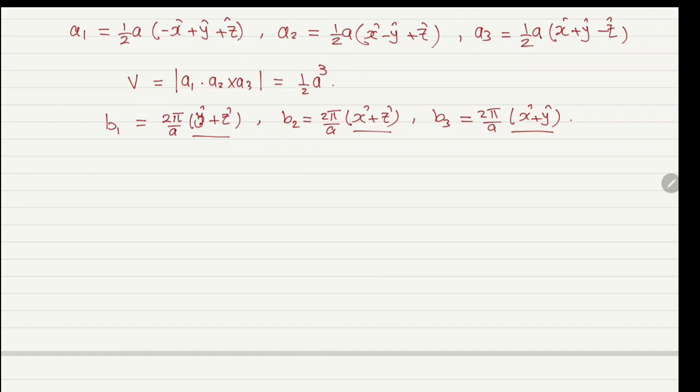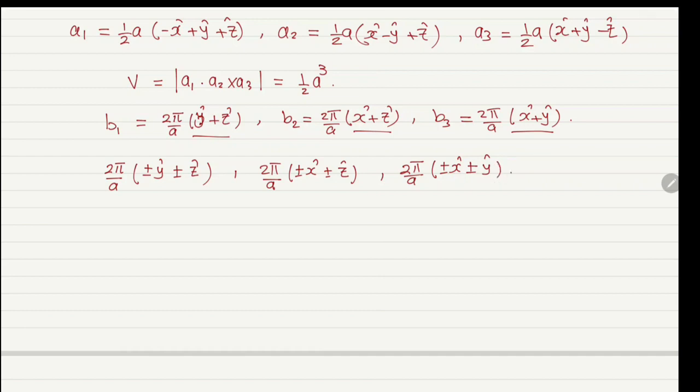And the shortest G's are the following 12 vectors, which are 2 pi over a (plus or minus y hat plus or minus z hat), and 2 pi over a (plus or minus x hat plus or minus z hat), and 2 pi over a (plus or minus x hat plus or minus y hat).